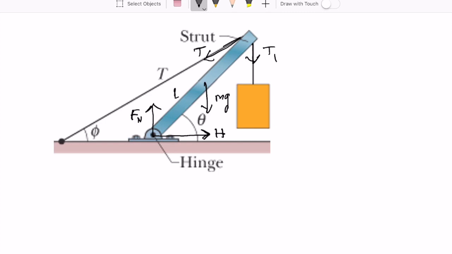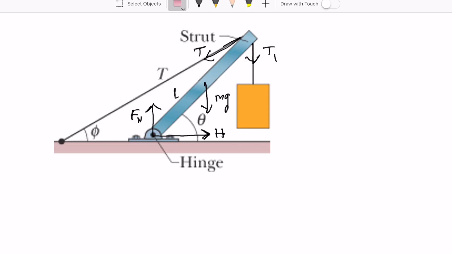So those are all the forces that are acting on the beam, and we have to figure out how to apply Newton's second law in both the form F net equals ma and net torque equals I alpha. We can quickly figure out what this tension force T1 is by applying Newton's second law to the hanging mass.